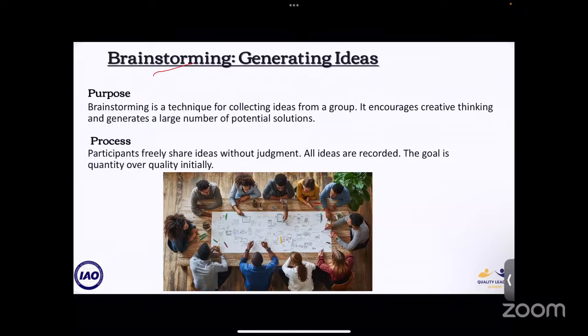It is a technique for collecting ideas from a group because it encourages creative thinking and generates a large number of potential solutions. So participants freely share their ideas without judgment. All ideas are recorded. The goal is quantity over quality initially.